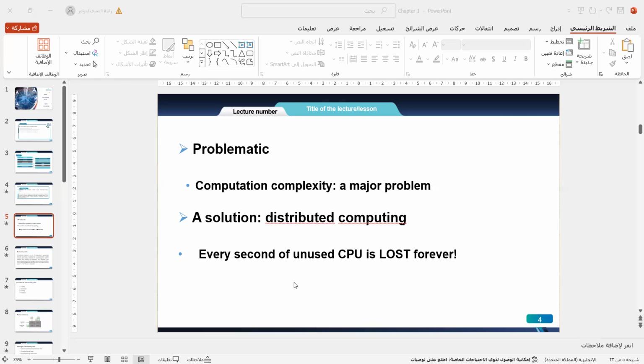The second element is networks. In grid computing, networks are the backbone that connects multiple computers, often geographically distributed, to work together to accomplish joint tasks.